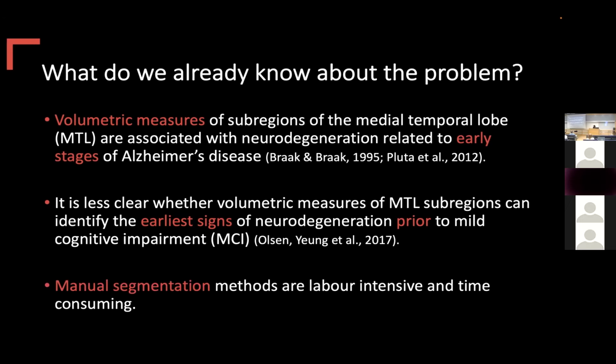And current manual segmentation methods that are commonly used to measure the volume of MTL subregions are labor-intensive and time-consuming, and so we may need a more efficient yet just as accurate alternative to manual segmentation methods.